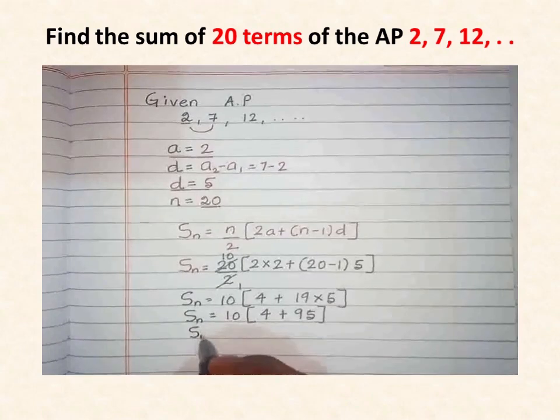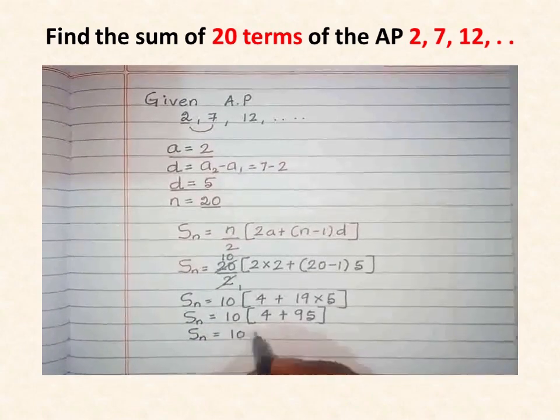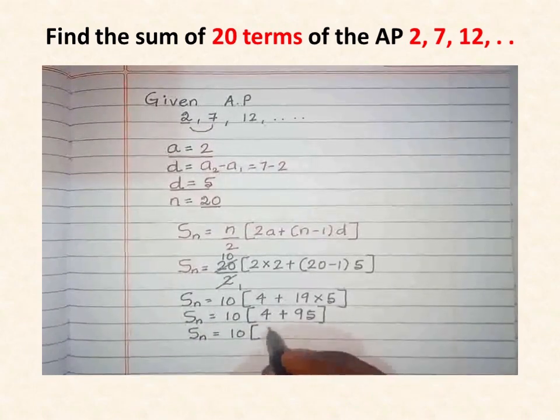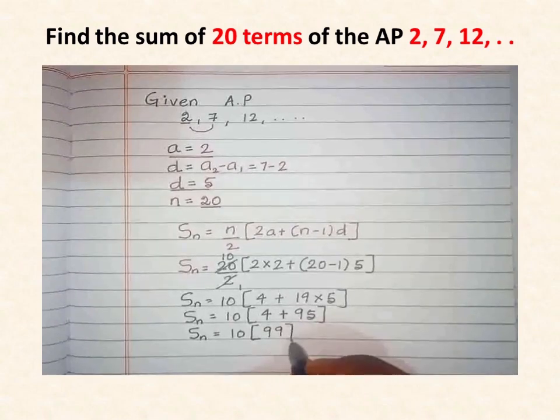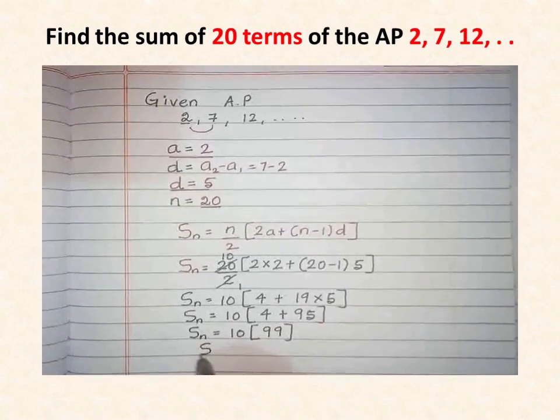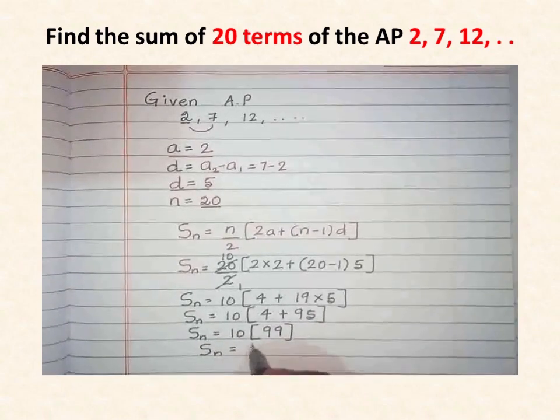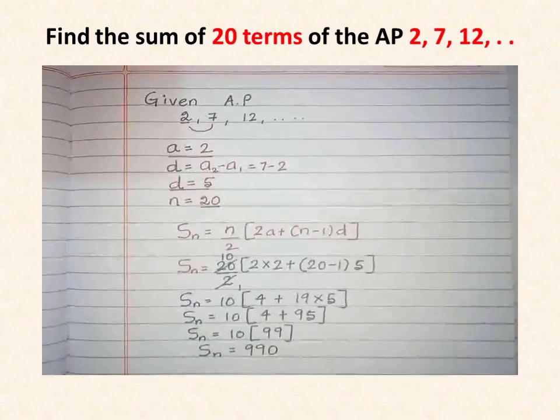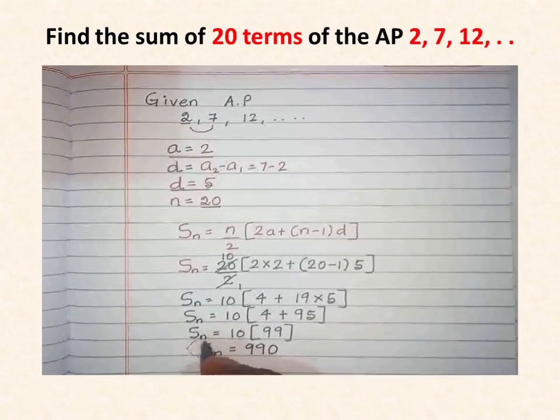Sn equals 10 times 4 plus 95 will give you 99. Now Sn equals 10 times 99 will give you 990. Therefore sum of 20 terms is 990.